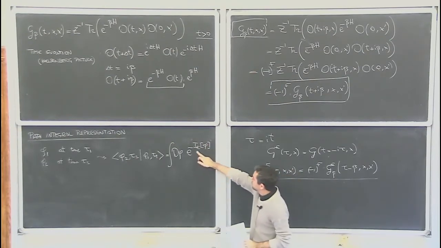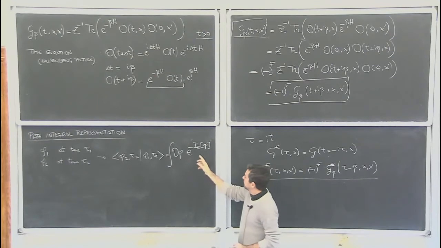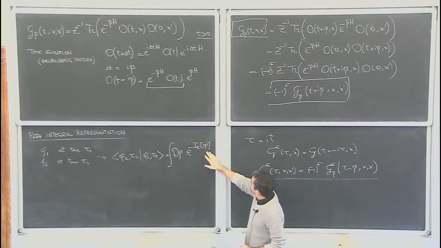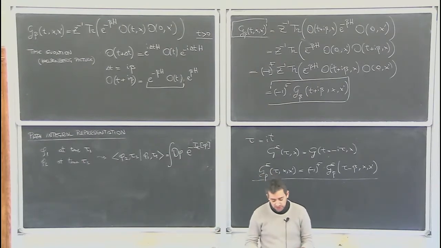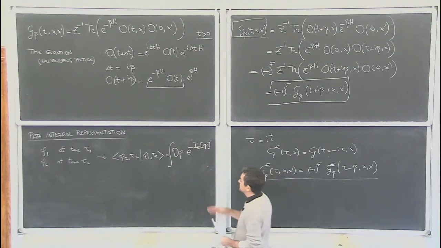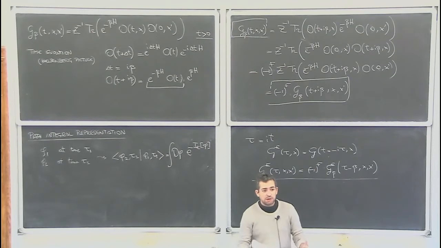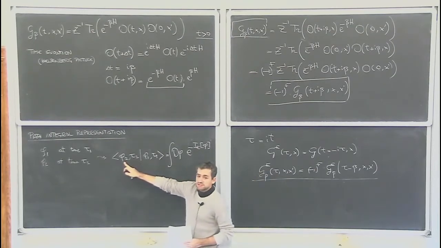Here what I'm using is the Euclidean action. I_E will be the Euclidean integral, I is just the action, and it depends on the fields phi, and then I compute the path integral with these assigned boundary conditions. Every time you compute a path integral, you should assign boundary conditions.